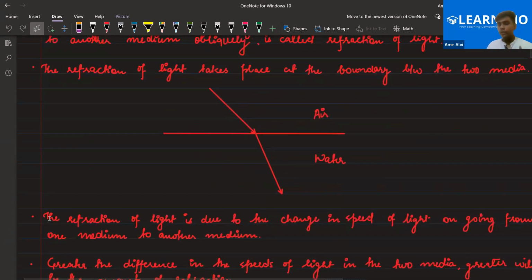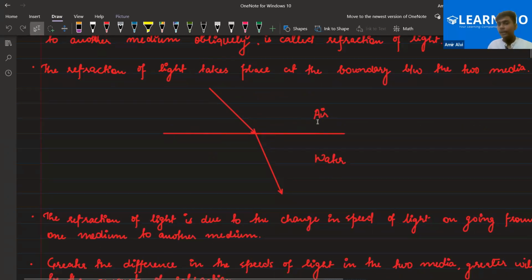Okay, so first of all, the refraction of light, the bending of light, happens due to the change in speed of light going from one medium to another medium. If the light ray is going from air to water, obviously air is one medium and water is another medium. So there is a change in the medium, right? So light rays will change their speed.